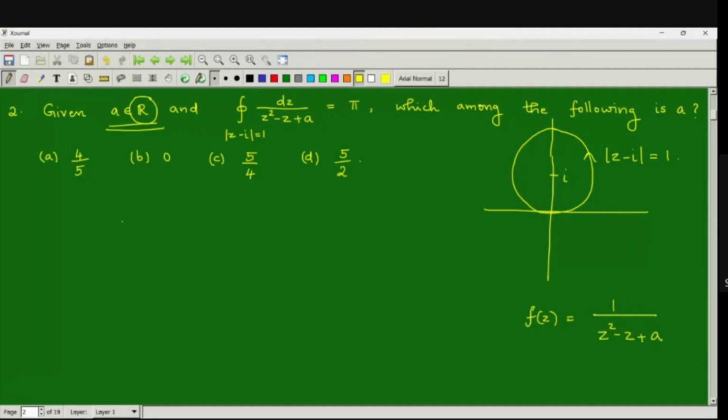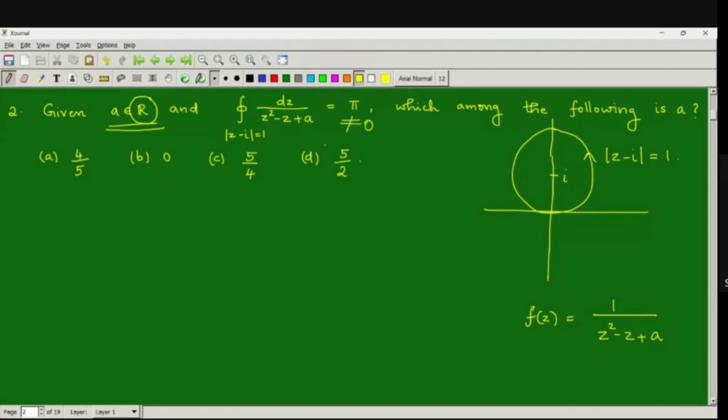So one thing which we have to note is that f is having a singularity. Why? If f were analytic on the circle and inside this circle, then by Cauchy's integral formula or Cauchy's theorem, what will be the answer? The integral will be 0. But the given integral is a non-zero constant, right?